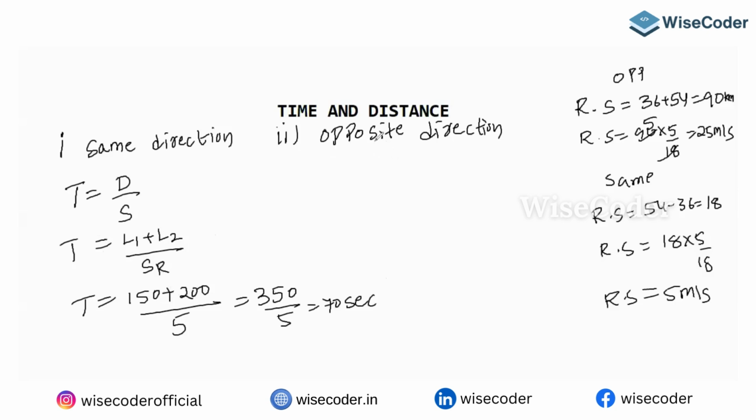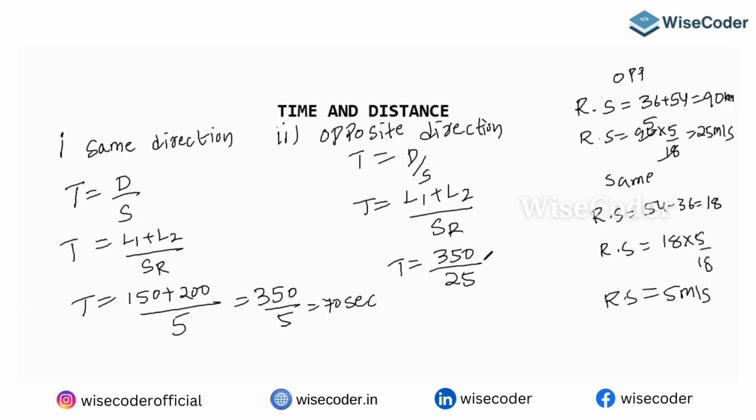When they are moving in the opposite direction, the time formula is again distance by speed. What distance? Length of the train 1 and length of the train 2. What speed? Relative speed. So the time is 350 as the distance divided by 25.